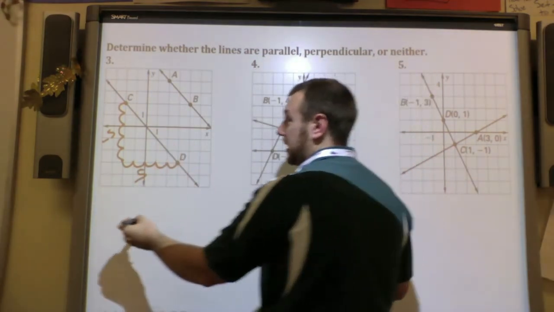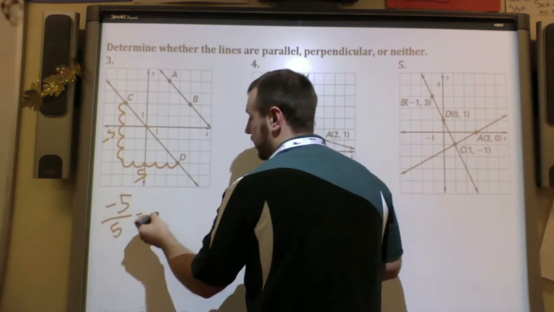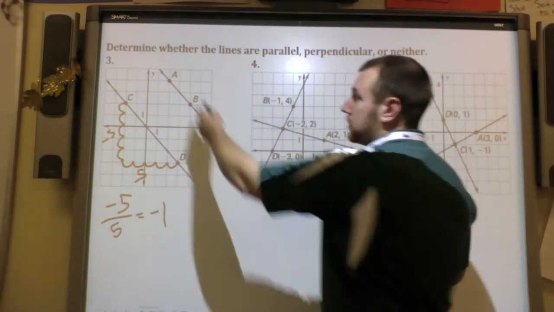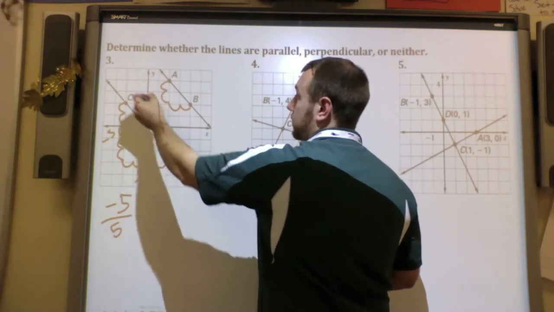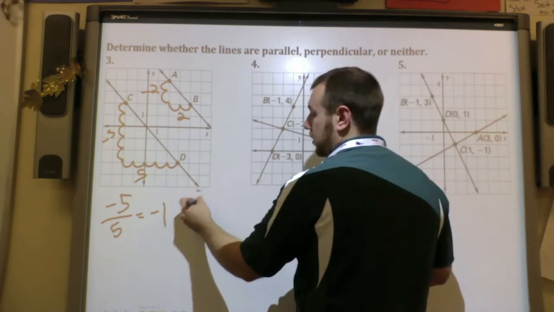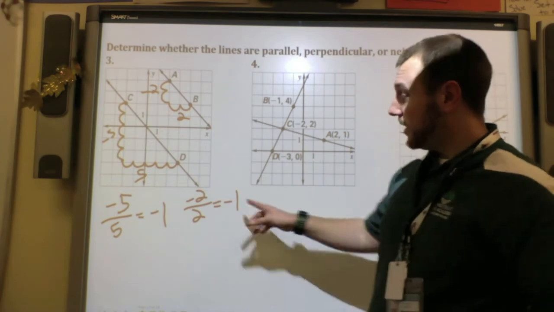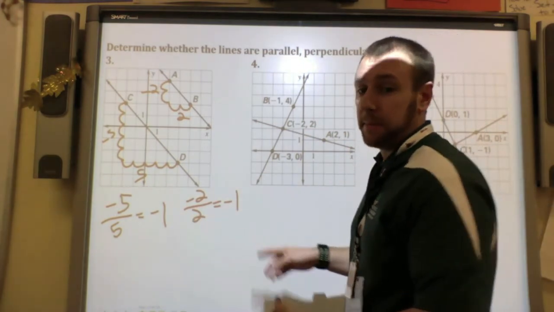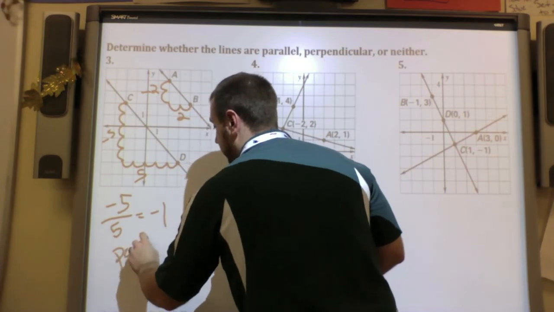So slope between this is negative 5 over 5, which is negative 1. For this, down 1, 2, down 2 over 2. So that reduces down to negative 1. So these slopes are the same.